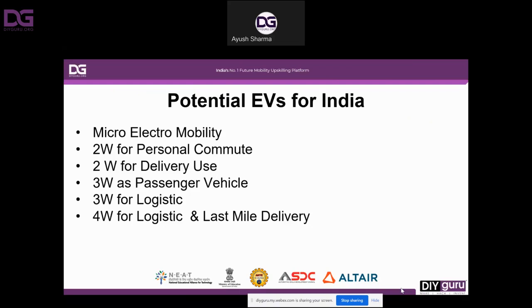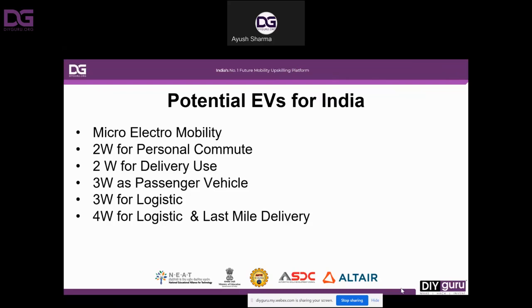So we can say that micro electromobility is just a segment where the specification of that vehicle will be for smaller use. Okay, we cannot use micro electromobility for heavy duty applications.